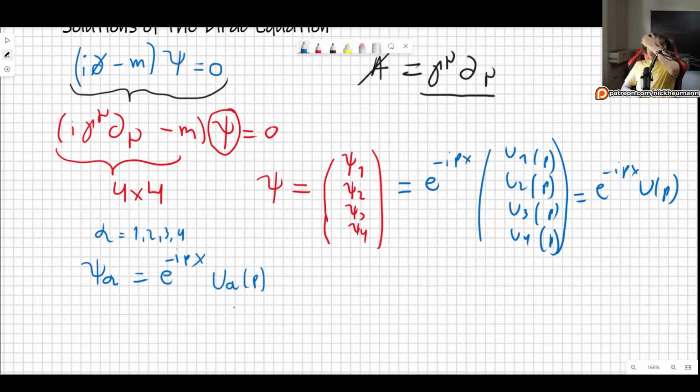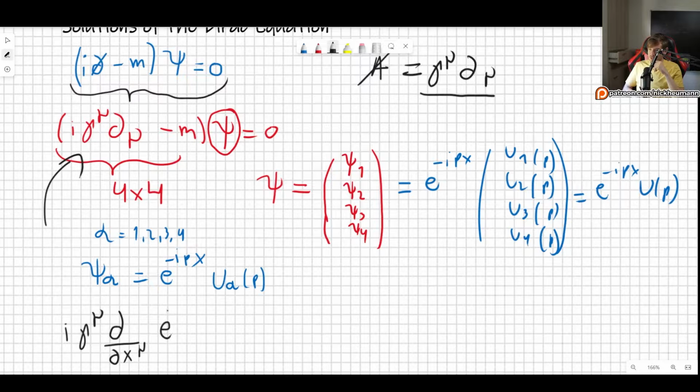Now that we have this, let's plug it into our initial expression. We have i gamma mu, and now we want to apply this derivative operator onto psi. Now del mu is the same as d dx with the mu up here, and psi is e to the minus i px, but to make it easier to see how we have to take this derivative we can write it as p mu x mu.